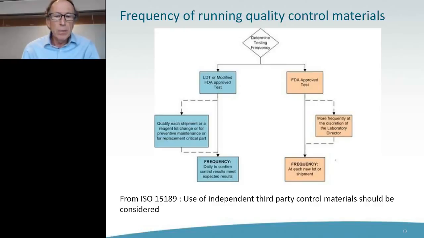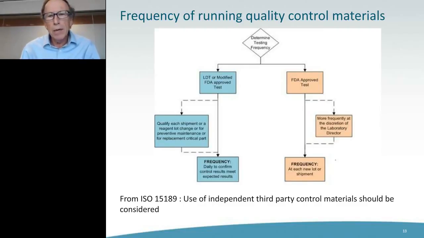The standards from ISO 15189 suggest running a daily control to confirm results are meeting the expected results, and run additional controls whenever there's reagent changes or preventive maintenance or replacement of any critical parts, or if you have new technicians working in the laboratory, or any other changes that the laboratory would see fit to run additional controls. And again, the beauty there is you can compare the results lot to lot with our third-party controls.